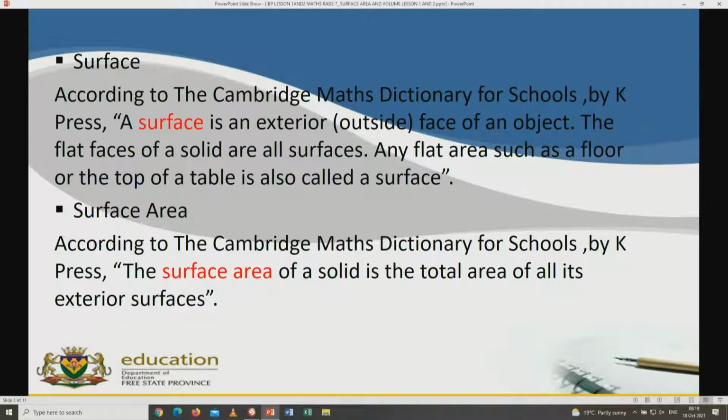A surface is an exterior or the outside face of an object. The flat faces of a solid are all faces. Any flat area such as a floor or the top of a table is also called a surface. You can have a look around your classroom, and you have all these surfaces. The surface area of a solid is the total area of all its exterior faces.